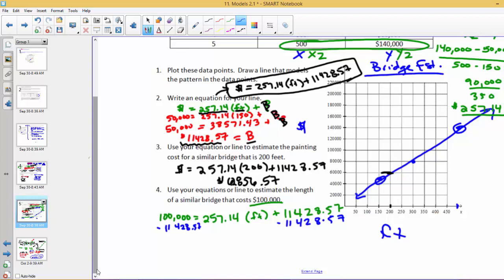So in the calculator, I'm going to put 100,000 minus 11428.57. And you get 88571.43 equals 257.14 times the feet. And then the last step is to divide. That's how you undo multiplication.